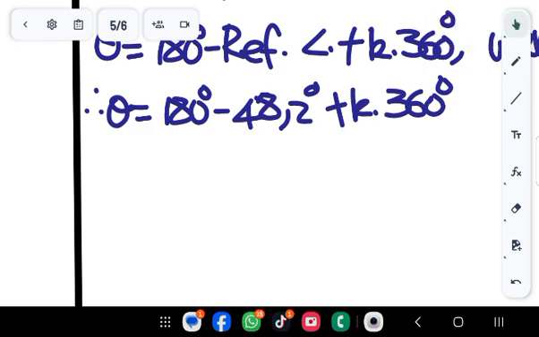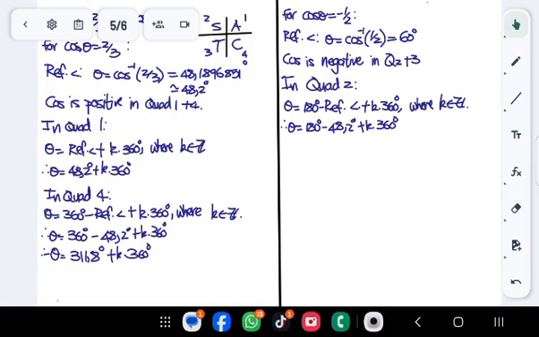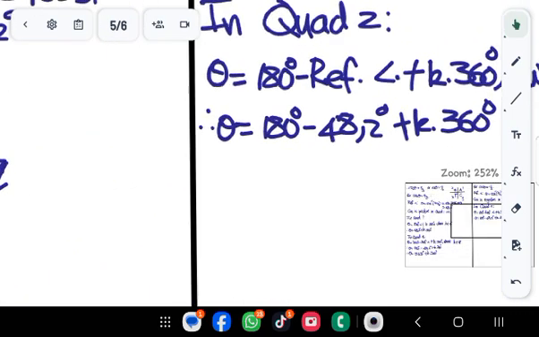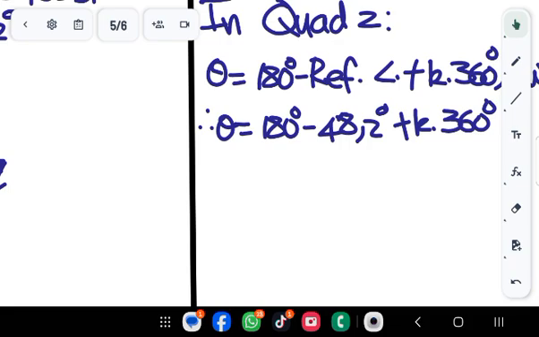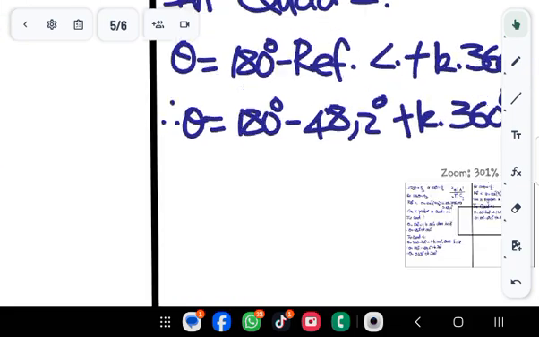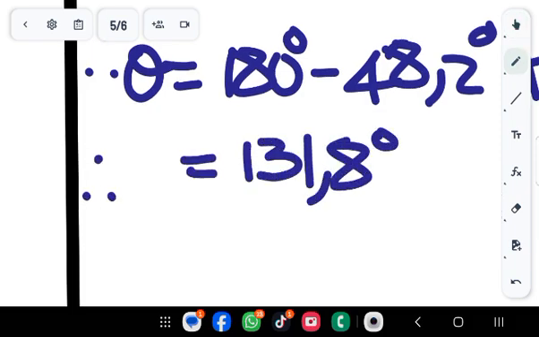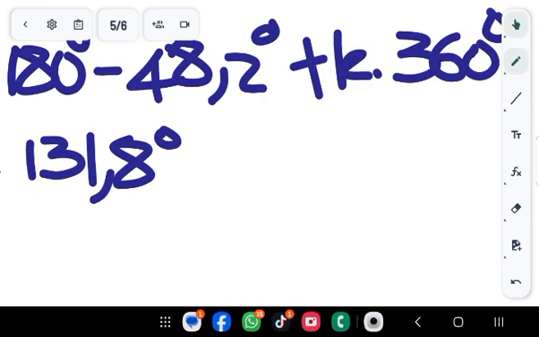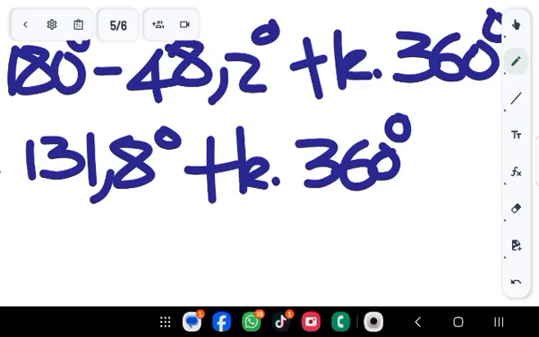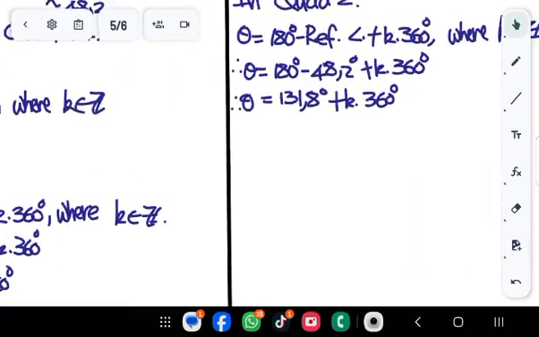Is it 48.2 or 42.8? Yes, it's 48.2, so that gives us 131.8. Therefore, theta equals 131.8 degrees plus k times 360 degrees, where k is an element of the integers.